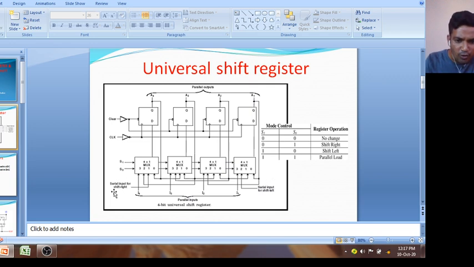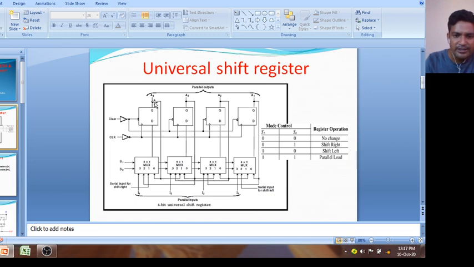This I1 is the serial input for shift right. Now you know, in case of right shift, remember the output of the first flip flop is connected to the input of the next flip flop. So the output of this is connected to the input of this, means I1.